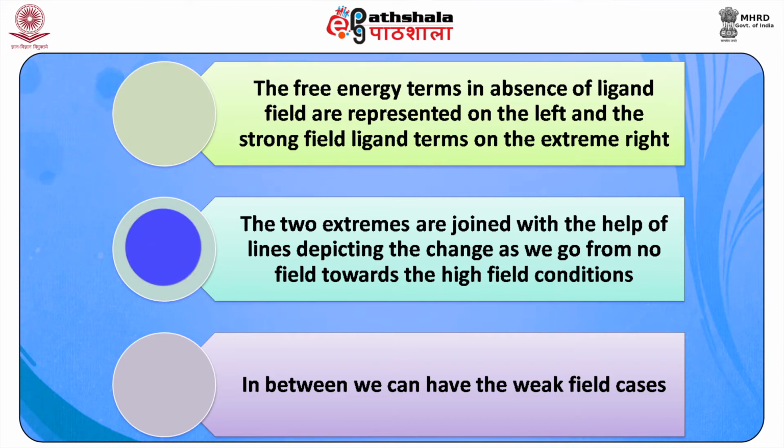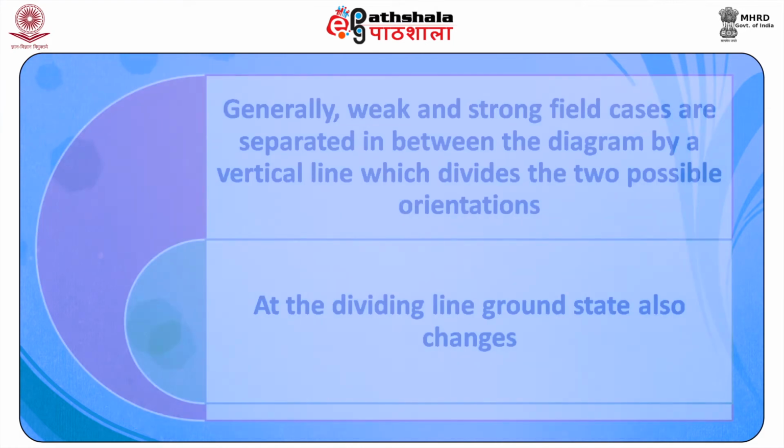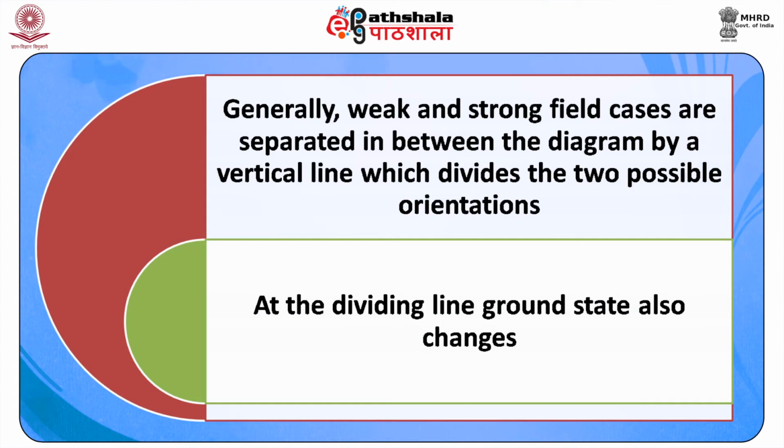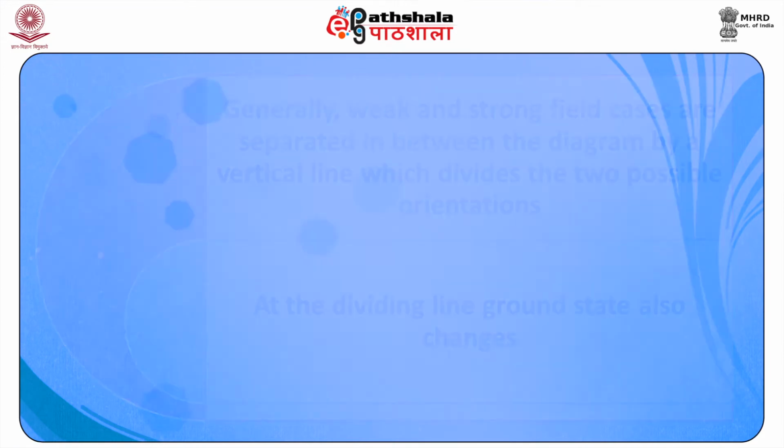The two extremes are joined with the help of lines depicting the change as we go from no field towards the high field conditions. In between, we can have the weak field cases. Generally, weak and strong field cases are separated in between the diagram by a vertical line which divides the two possible orientations. At the dividing line, the ground state also changes.